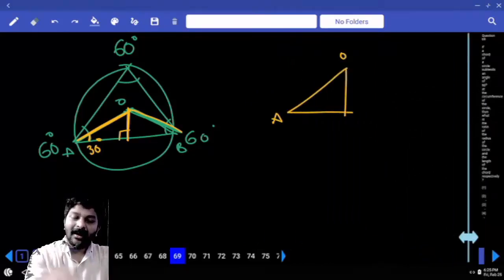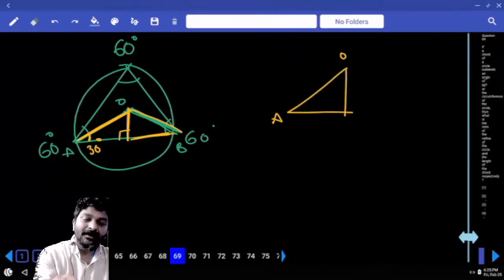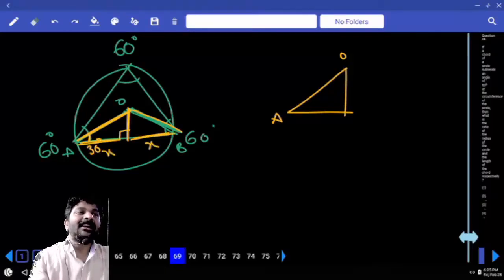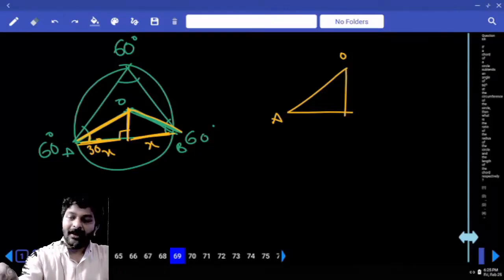I am taking this particular part as x for the triangle. What is the chord length? 2x. Chord length 2x, right? And radius OA. Now what is the angle at A? 30 degrees. So this is x.